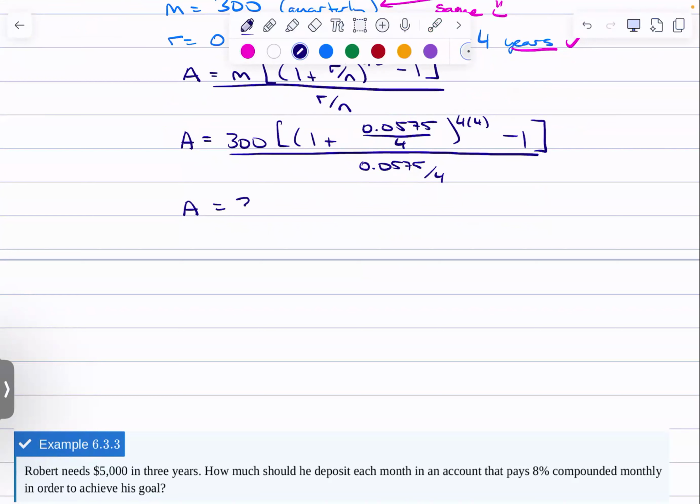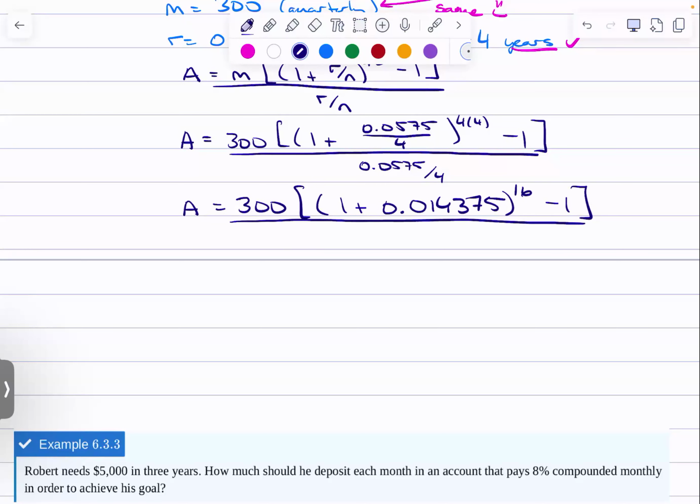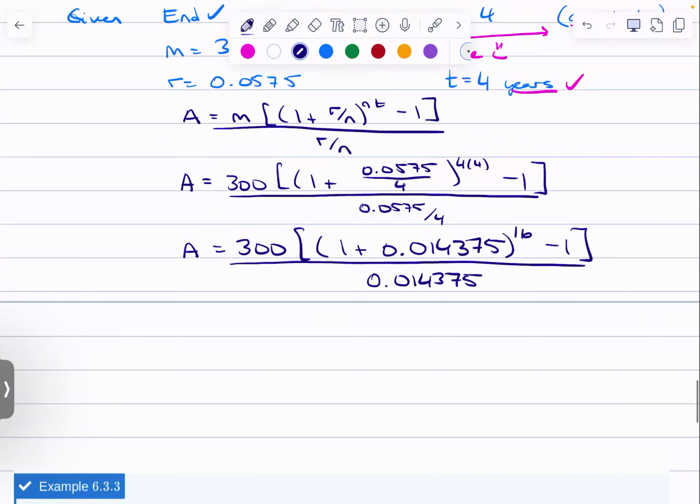And so keeping everything else the same, 1 plus 0.014375 to the power of 16 minus 1. You can simplify that 4 times 4 if you want. In fact, you're allowed to skip from here all the way down to your A, the calculated A. And so I'll make a note of that here, but I just want to show the calculations step by step again.